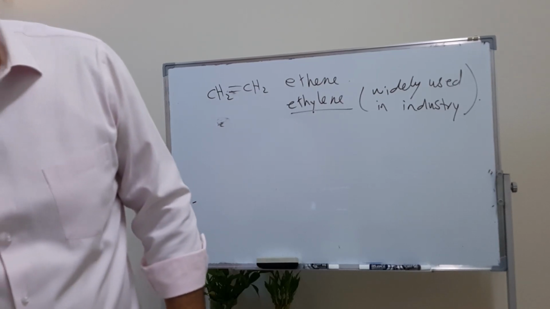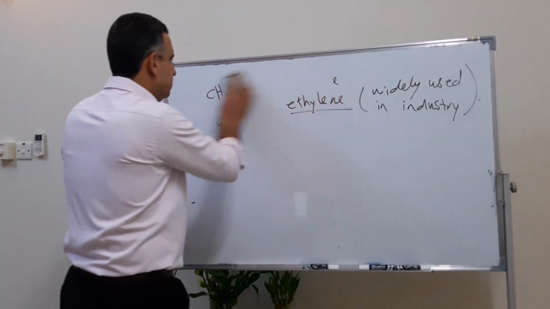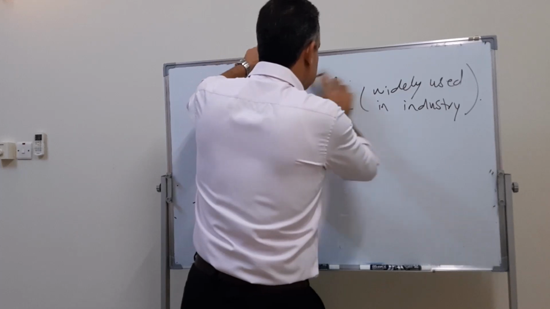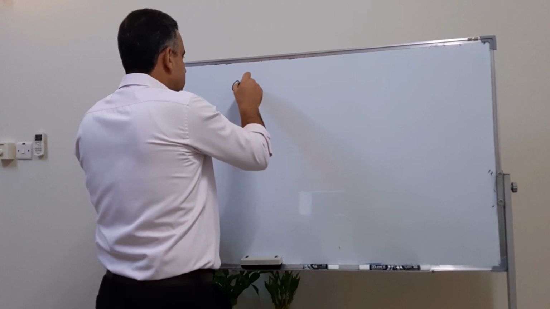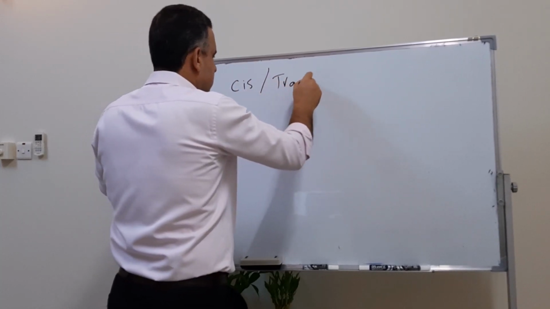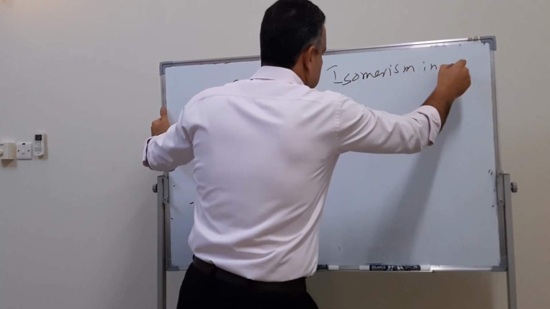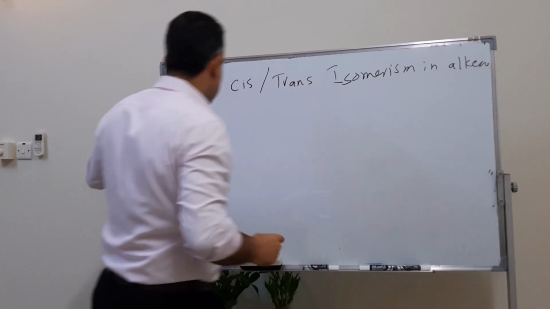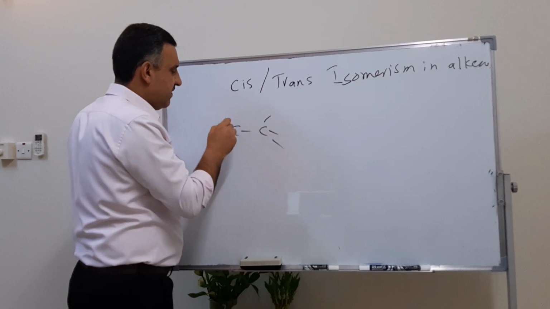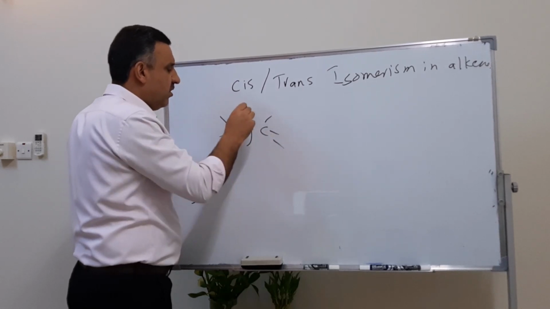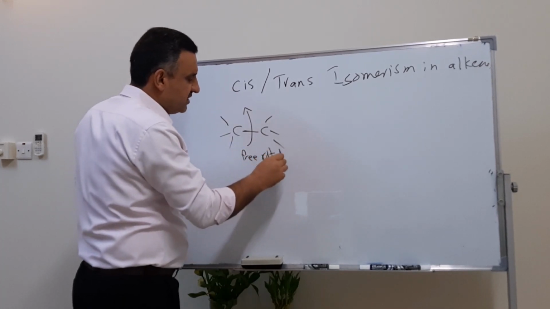All right, let me just move to one aspect and then we'll stop our lecture, which is about the rotation, cis-trans isomerism in alkene. Now in alkane, we said previous time, we always have free rotation around any sigma bond.